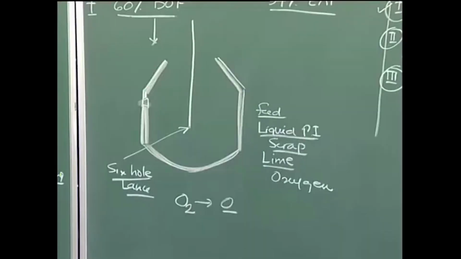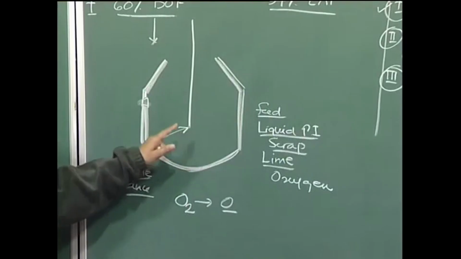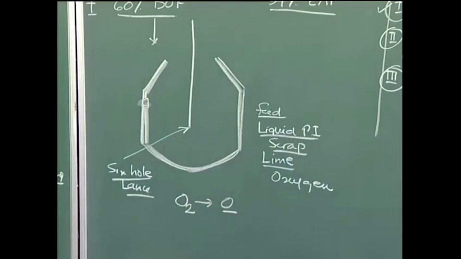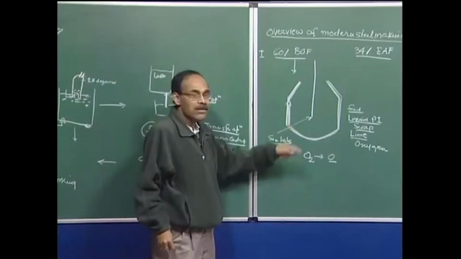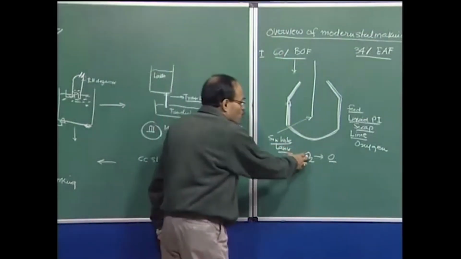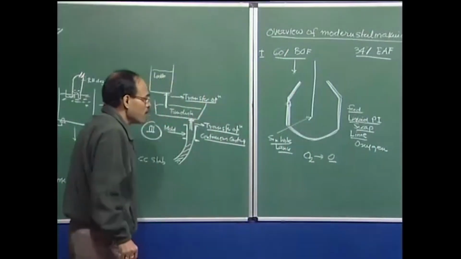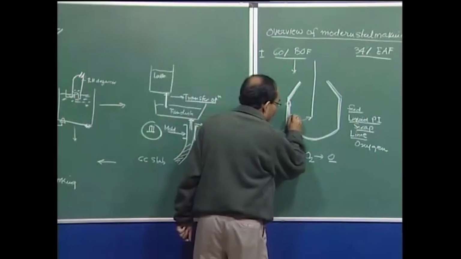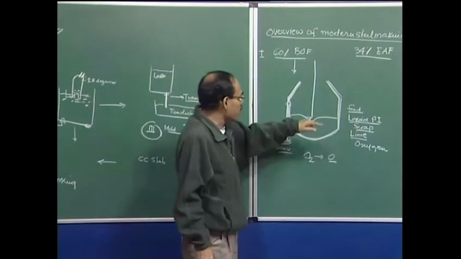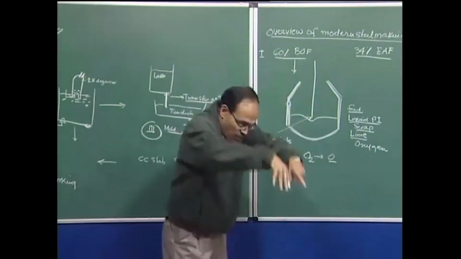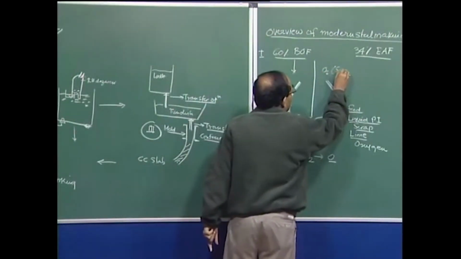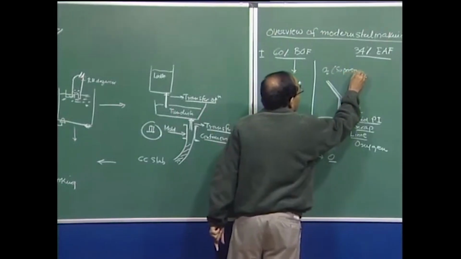So, therefore, the rapidity with which the slag is going to be formed will depend on how much heat is going to be available, and this will directly be related to the dissolution of oxygen in the process. A multi-hole lance distributes oxygen and ensures that oxygen transfer from the gas phase to the molten metal is highly efficient. So, we have a cavity depression. As I will discuss in the next section, there is an impinging gas jet. The gas jet is impinging on the surface, and the oxygen is introduced at supersonic speed. That means the Mach number is greater than 1.